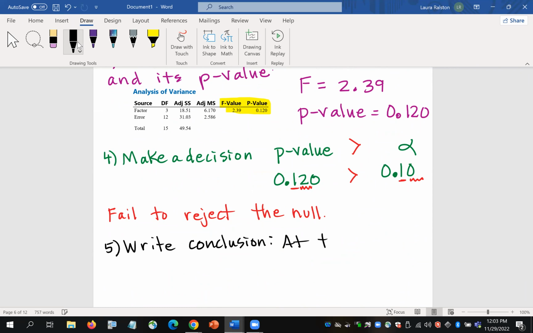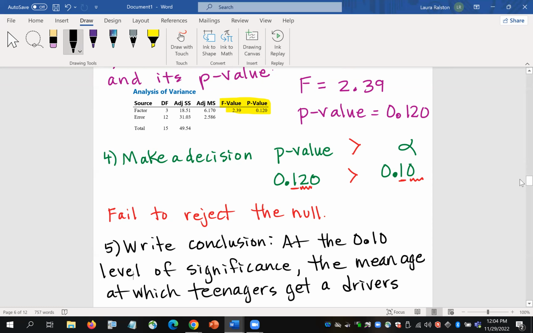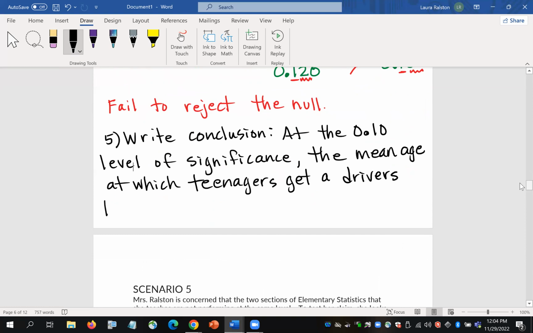We would say at the 0.10 level of significance, the mean age at which teenagers get a driver's license is the same for each region.